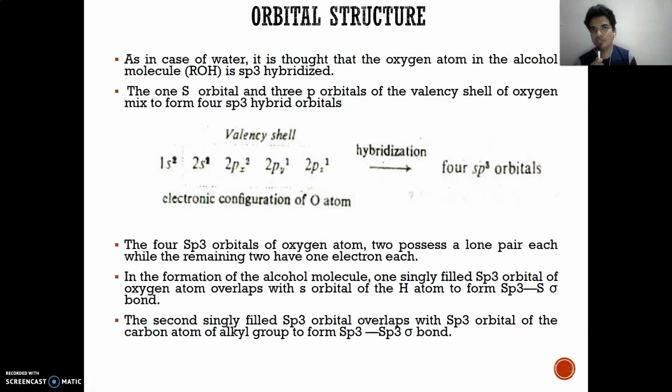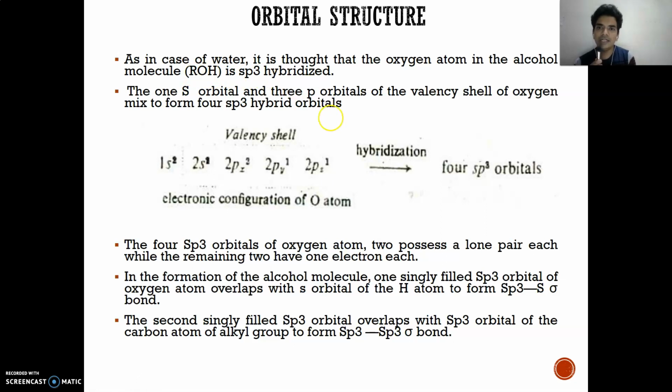Now the orbital structure of alcohol. If we compare with water, it is thought that the oxygen atom in the alcohol molecule, that is R-OH, is sp3 hybridized. How is it sp3 hybridized?